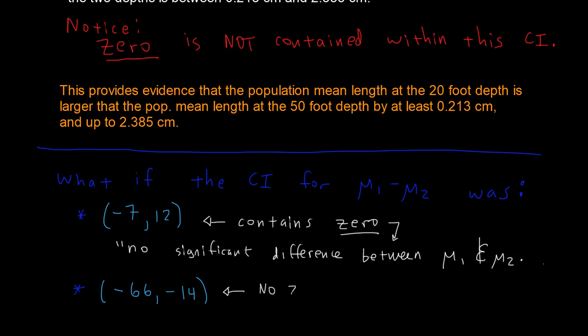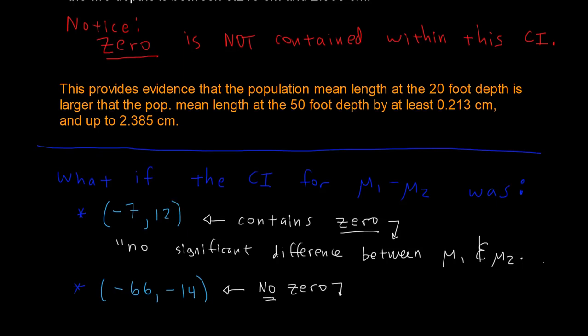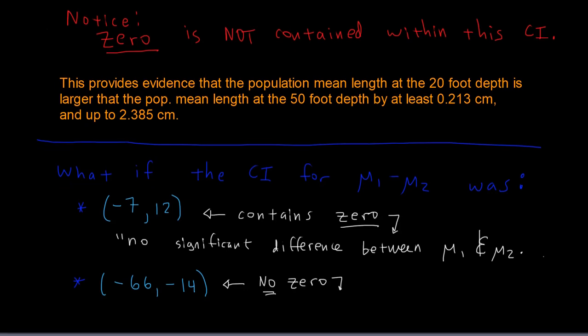No, no 0. So what are the implications there? Well, that means that there is a significant difference between the two population means, or there's evidence for a significant difference. I didn't finish my quotes over here.